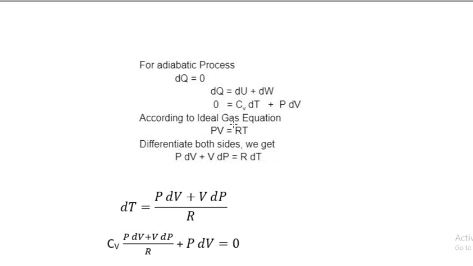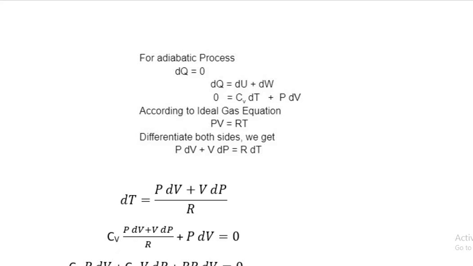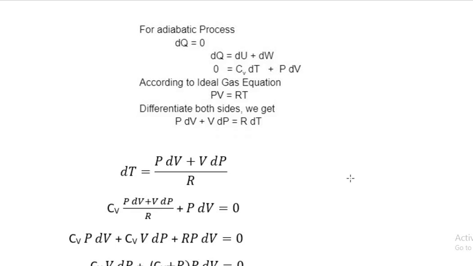So from this, what is dT? dT is equal to (P dV plus V dP) divided by R. Now you substitute this dT in the equation 0 is equal to Cv dT plus P dV.